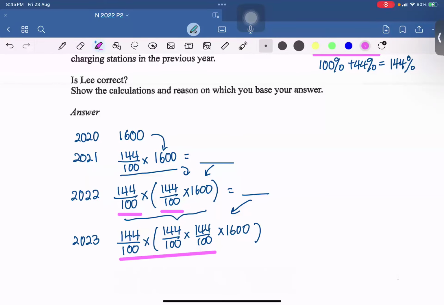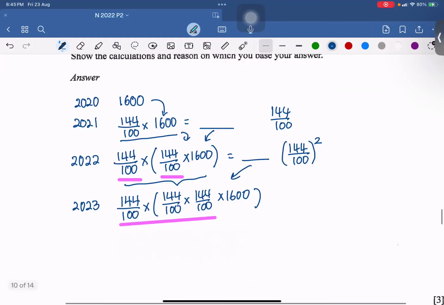Anyone have any observations? Year 1, I multiplied 144 over 100 one time. Year 2, I multiplied 144 over 100 two times, so it appeared twice. It's power of 10, eventually. Here is power of 2. This year, this is 144 over 100 to the power of 3.